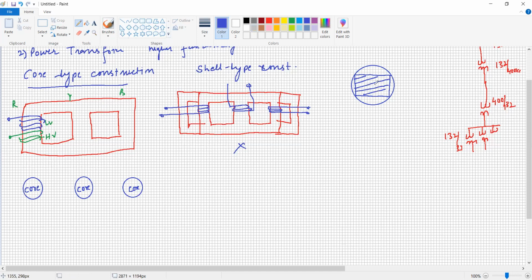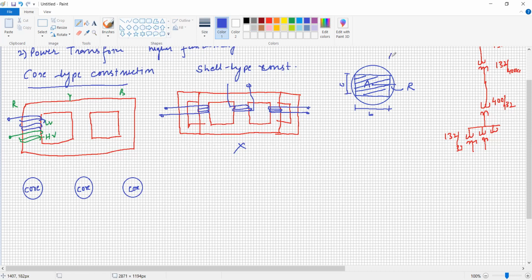So the mean radius of the bobbin is r. And this area is a, which is equal to breadth times width.